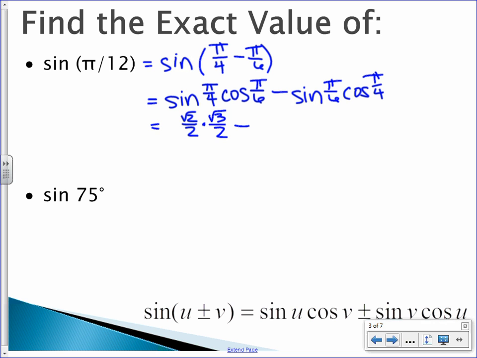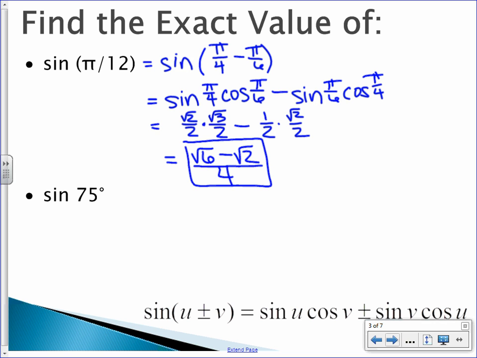Minus the sine of pi over 6, 1/2, times the cosine of pi over 4. So we have radical 6 minus radical 2 all over 4. That is the exact value of the sine of pi over 12.